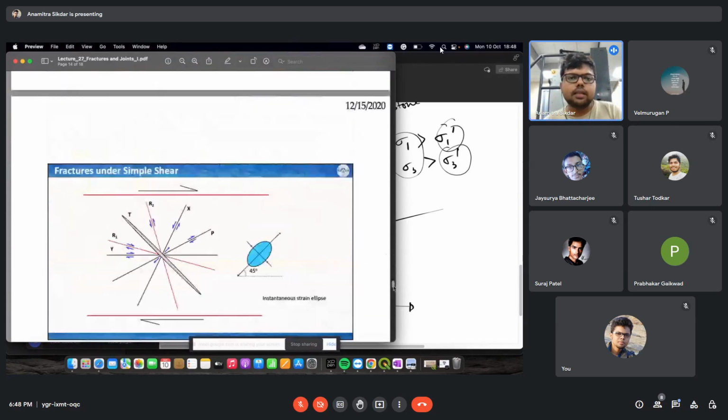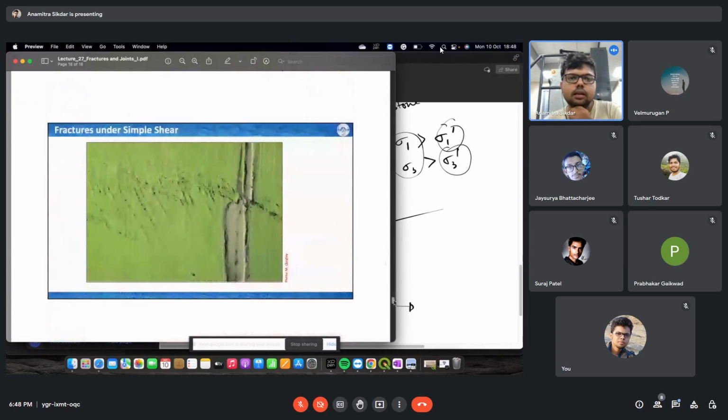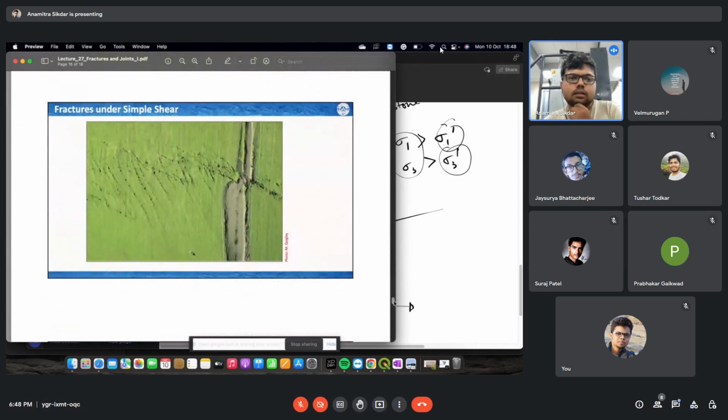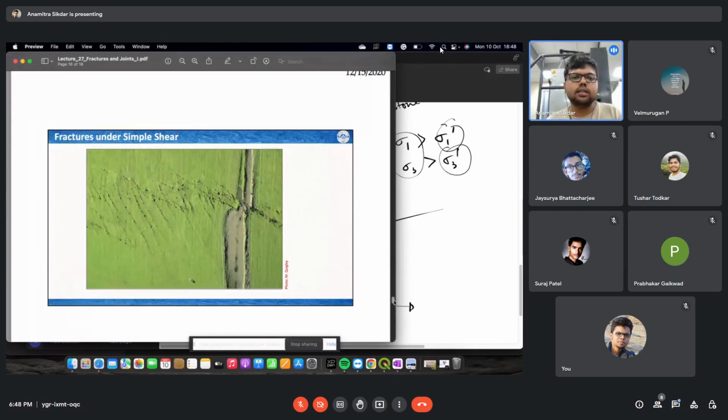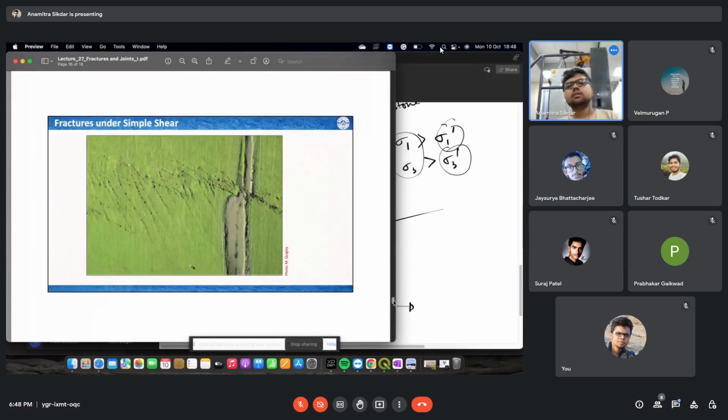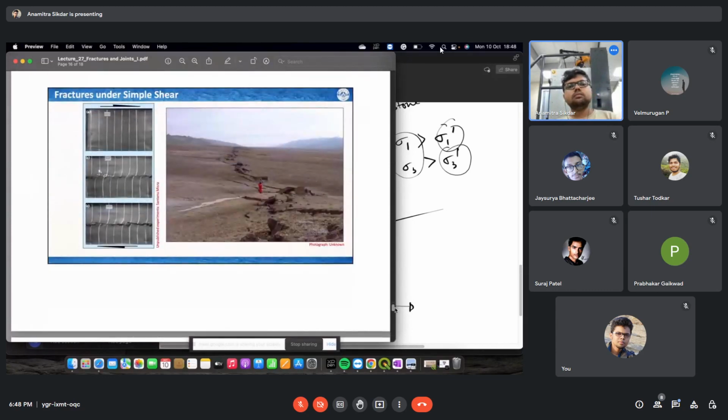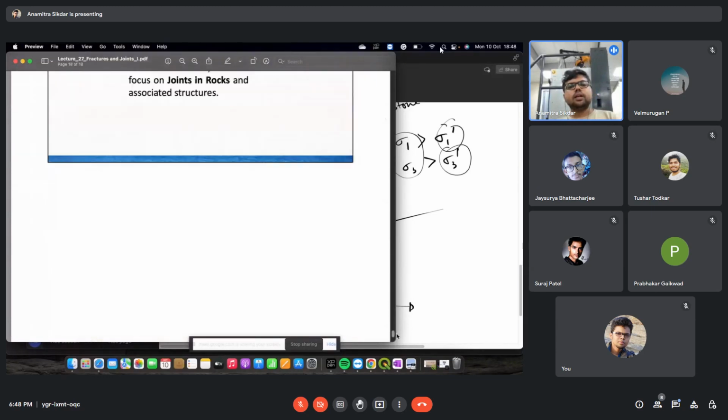Yeah, so these are again some experimental things. And this is a plan view, the aerial view of an earthquake. So these are the radial shears on a field. Okay, so these are different kinds of fractures.